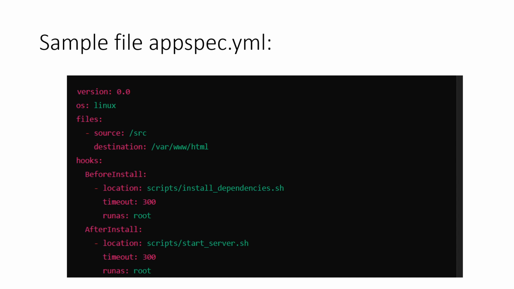So that can be installed, and the duration will be specified and run as root, so the admin privilege will be provided to run these commands. Once after completion of installing the required dependencies, what needs to be passed to run your server, even that script will be written inside.